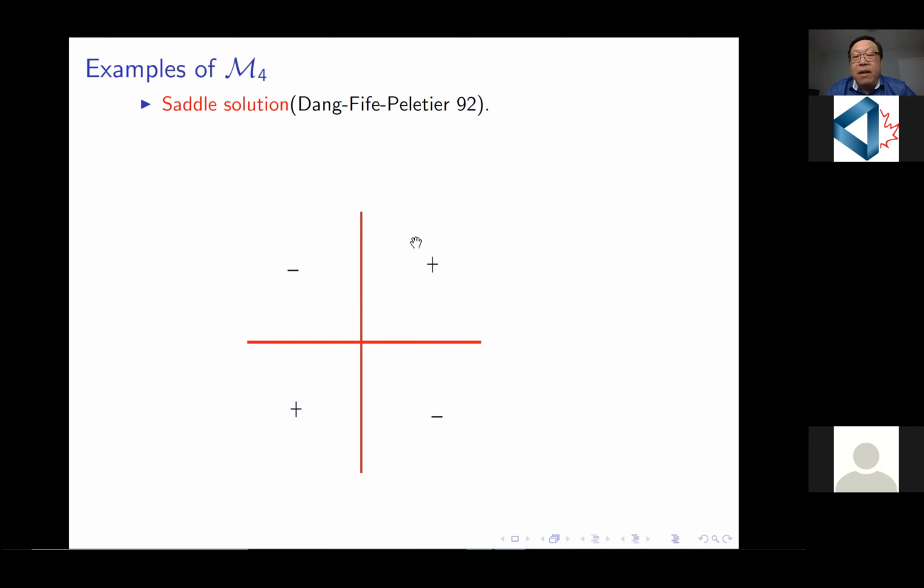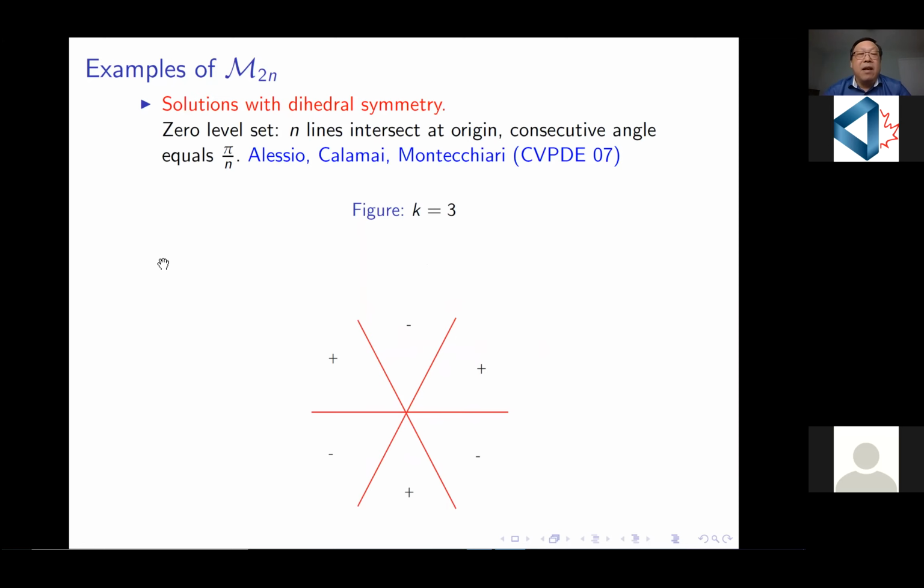This is what we call a saddle solution. Far away you see this end 1, 2, 3 and 4. So you have 4 ends. This is a four-ended solution.